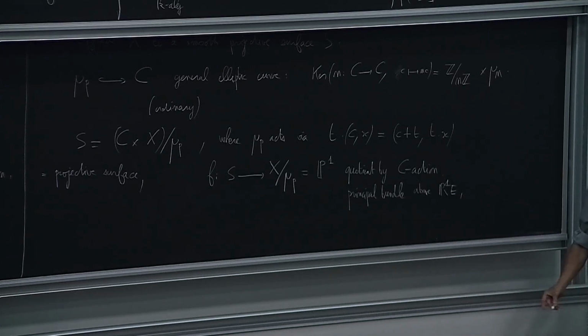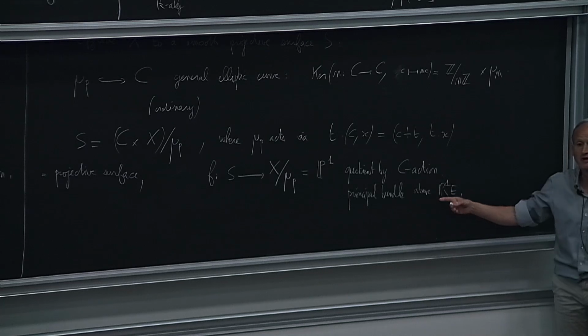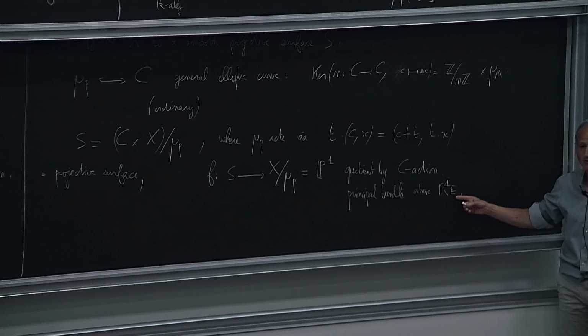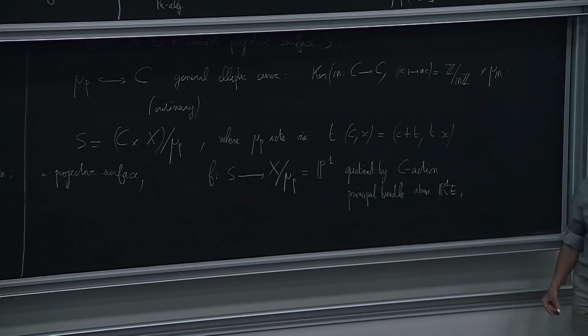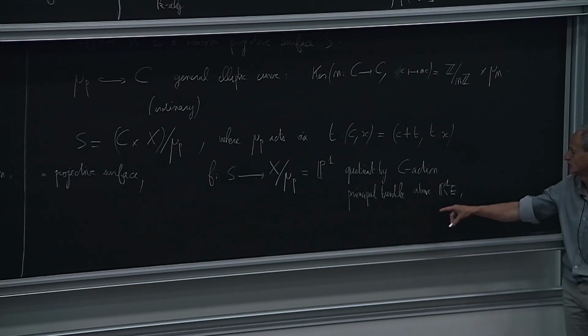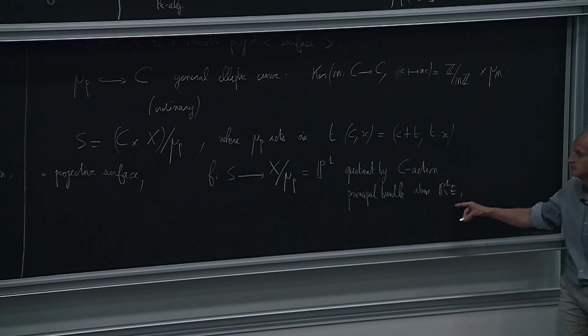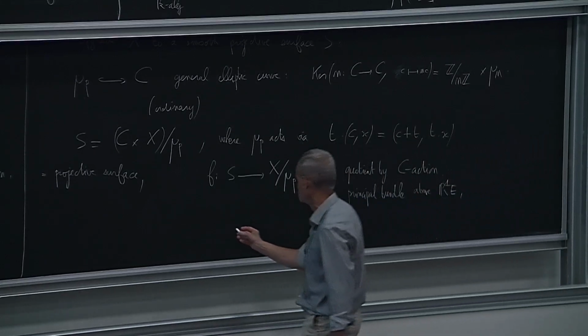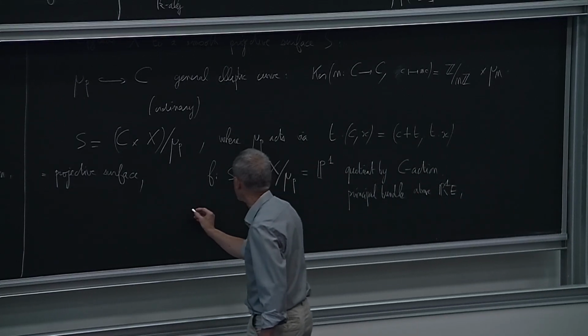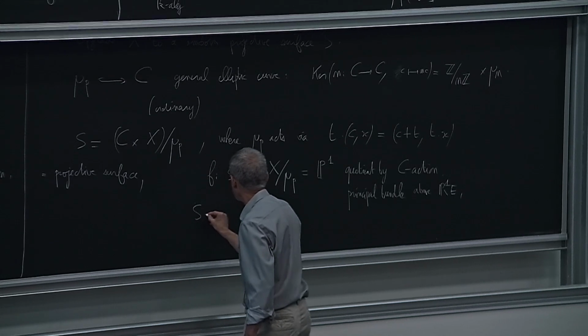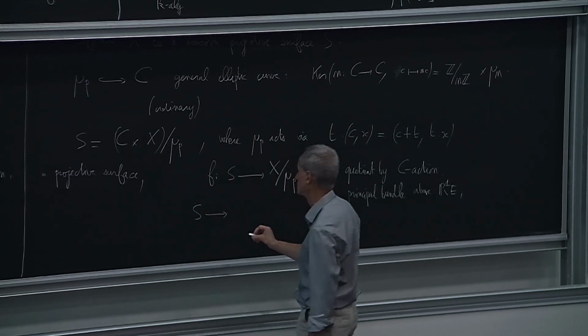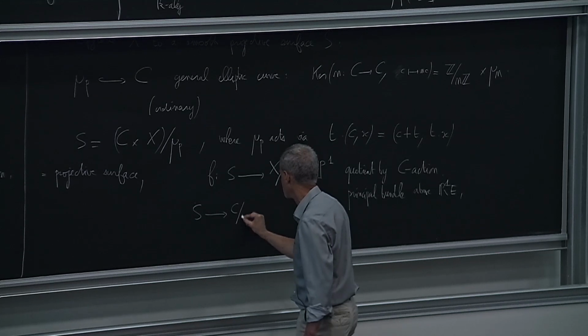And then you gain something by this small trick, because since you have a principal bundle over a smooth variety with a smooth fiber, then the total space is smooth. So you see this surface is smooth above this. And you get another map, which is the other projection to C mod mu p.